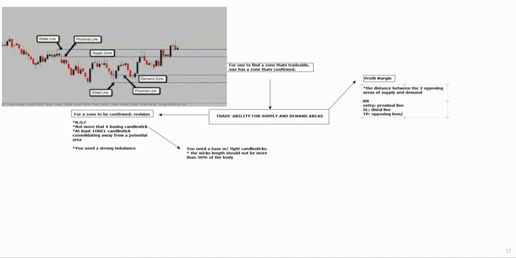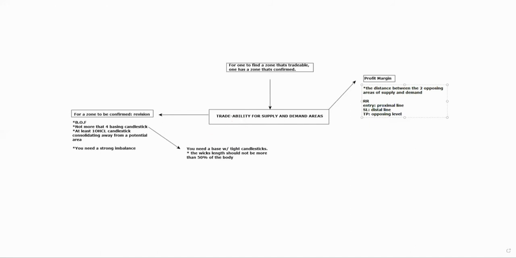Now, you only take a trade if the distance between your entry point and your take profit is 3 times the distance between your entry point and your stop loss. If you don't have this, then you should cancel out that area. So that's the rule that you need to follow. And I'll show this time, I'm going to use the trades that I've taken on Telegram, right? So this is the general rule.